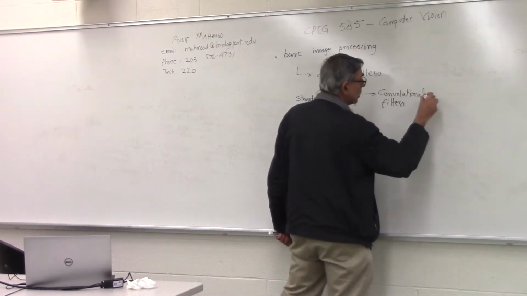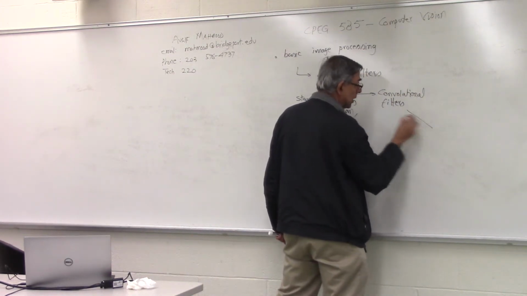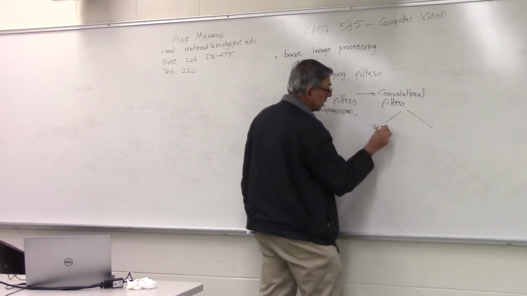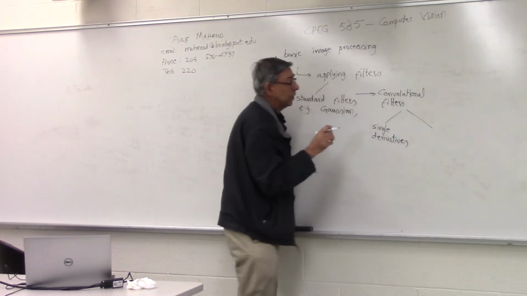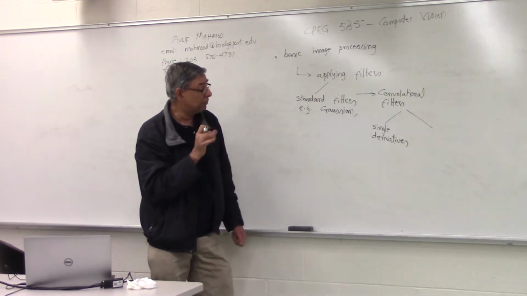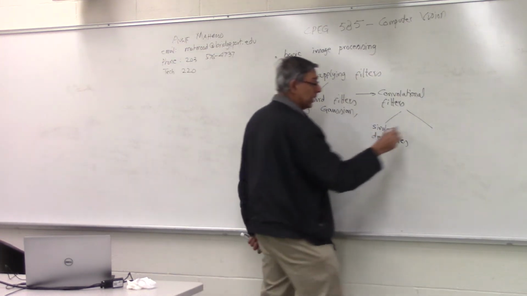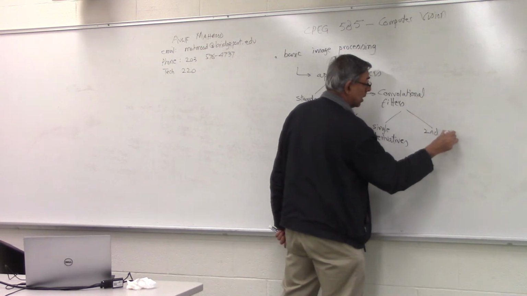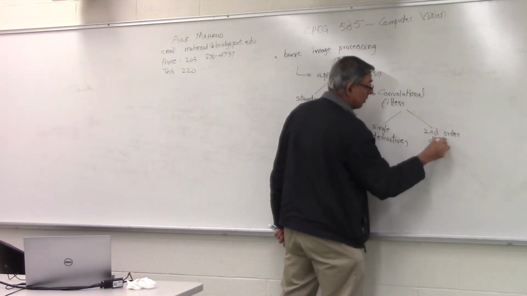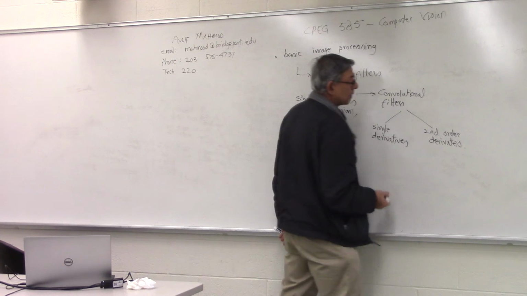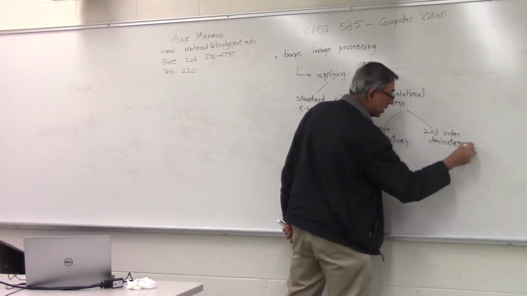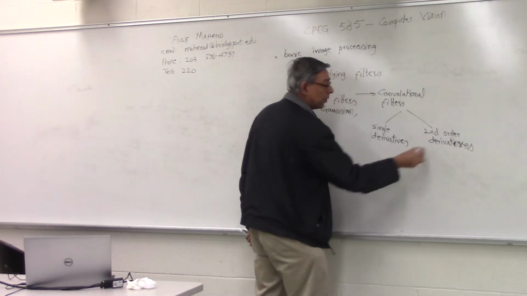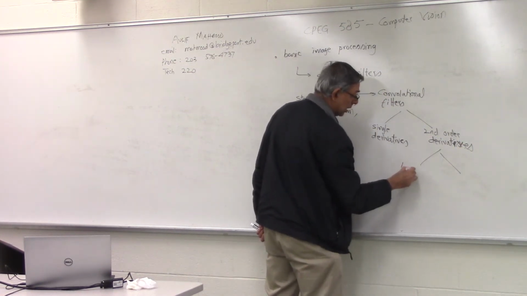So some of the convolutional filters are based on single derivatives, when we do the first order differentiation, and some of these are based on second order derivatives. Okay, so there are filters like Laplacian.